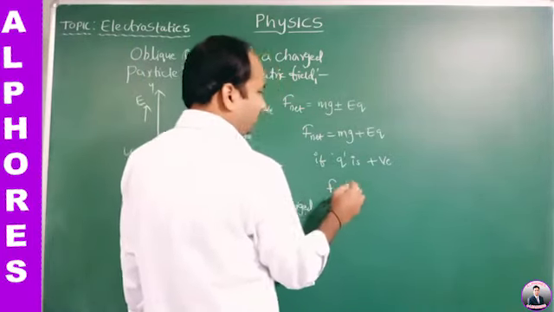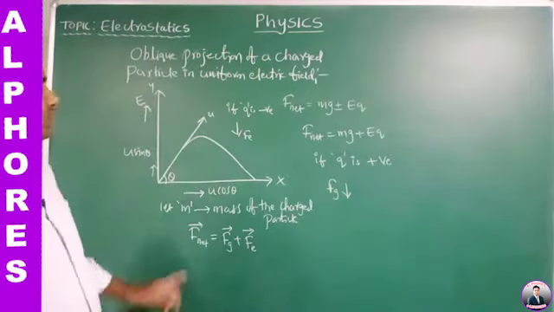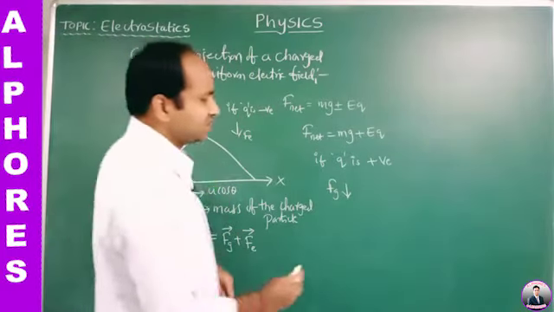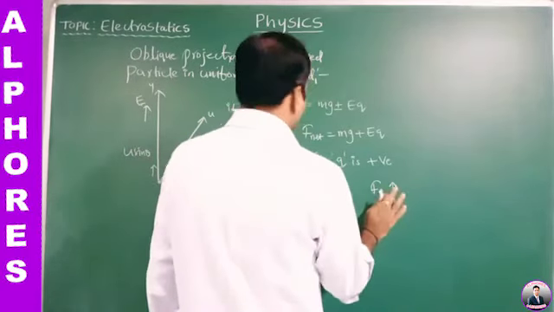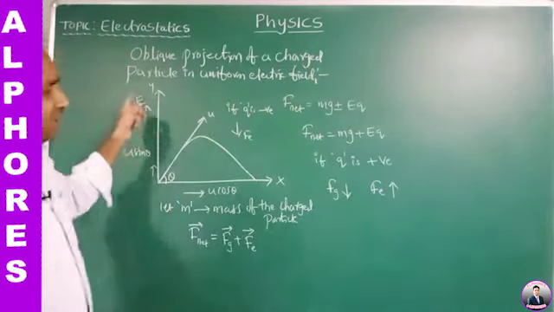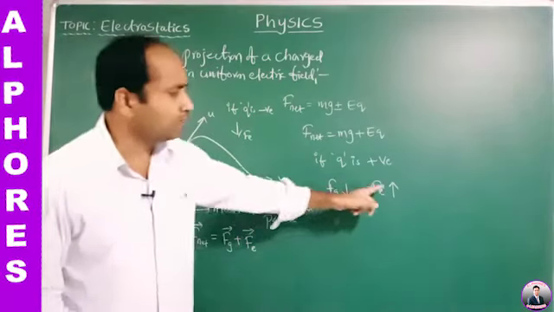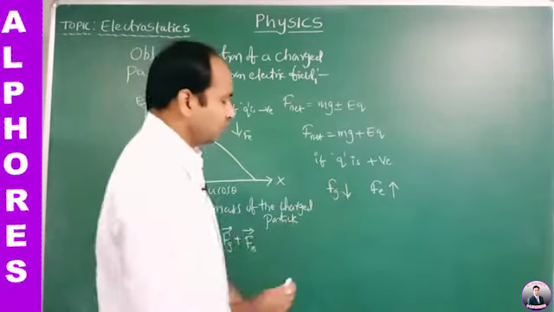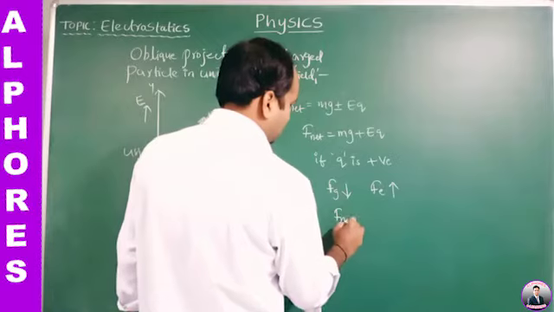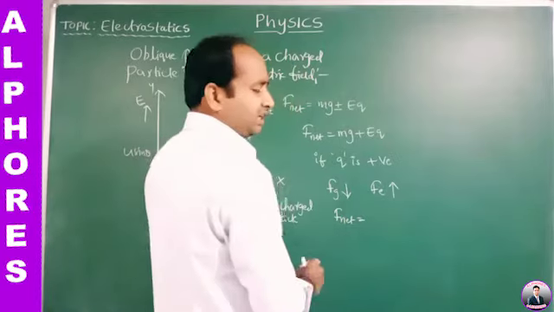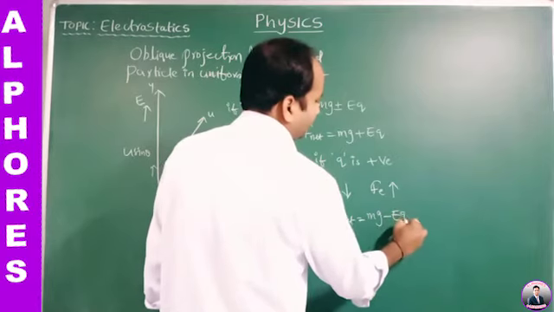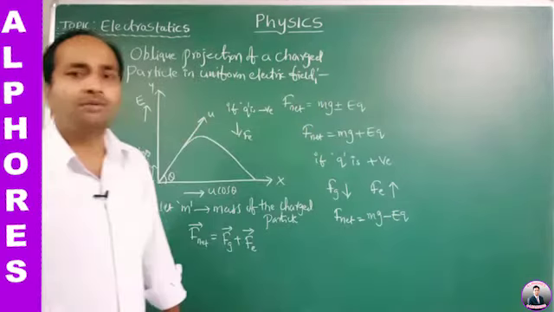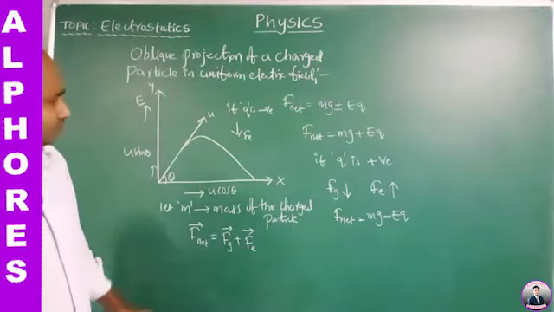If the charged particle Q is positive, the direction of electric force is in the direction of electric field, that is upwards. These two are opposite in direction. So we may write F net is equal to mg minus Eq.